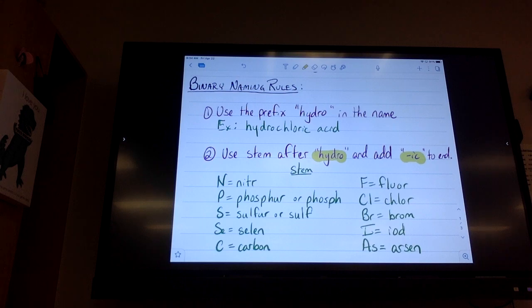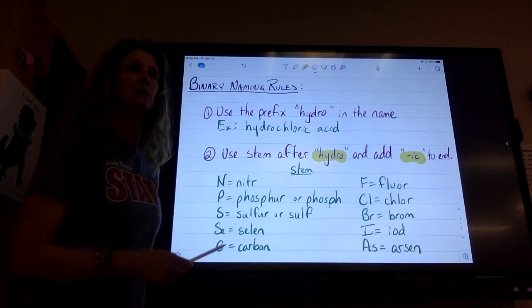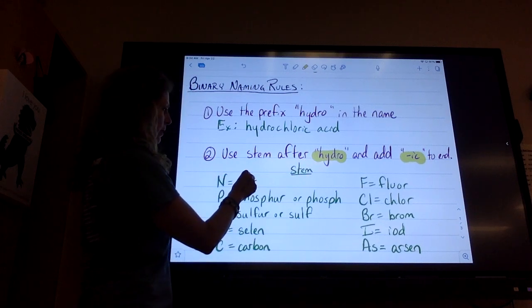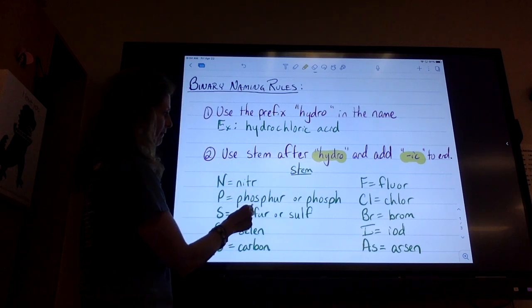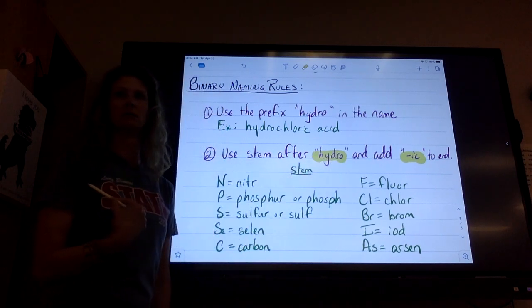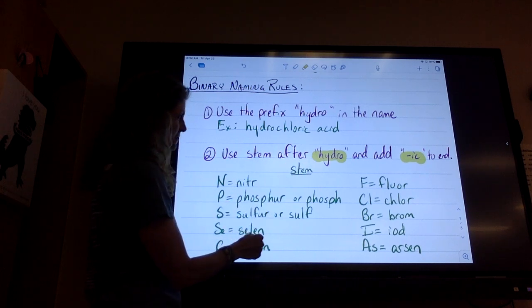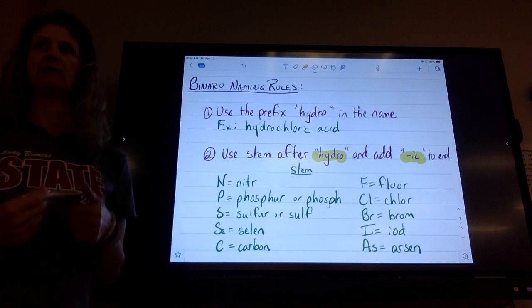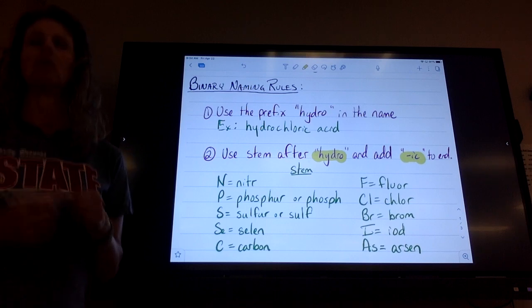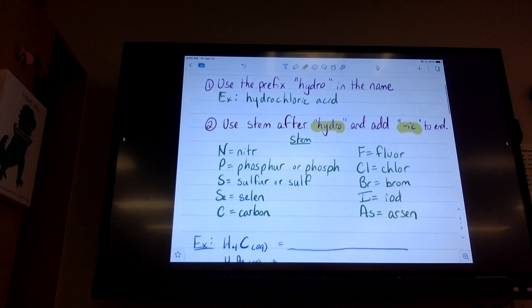What is that something going to be? It's going to be one of these. So, hydronitric acid, hydrophosphic acid, or phosphoric, hydroselenic acid. That's for binaries. So let's practice a few of those.